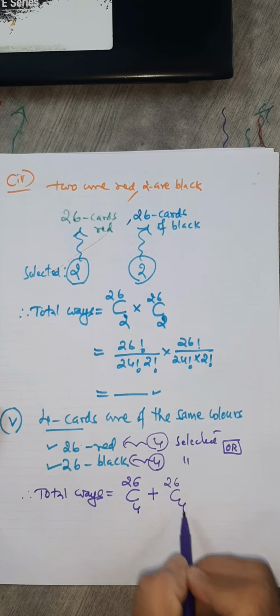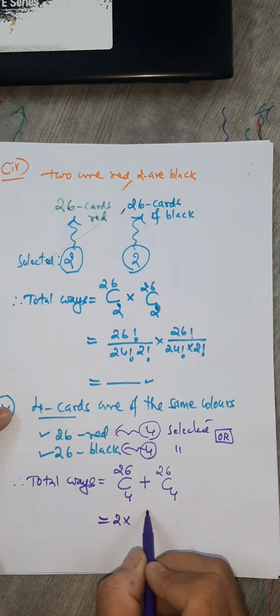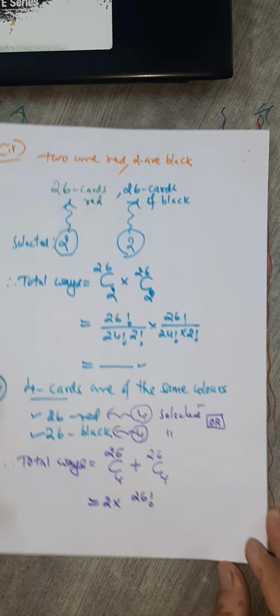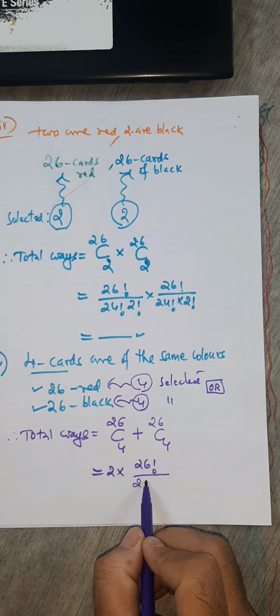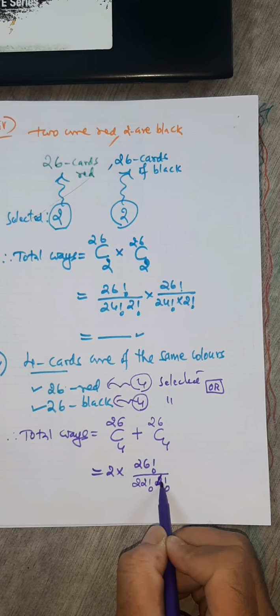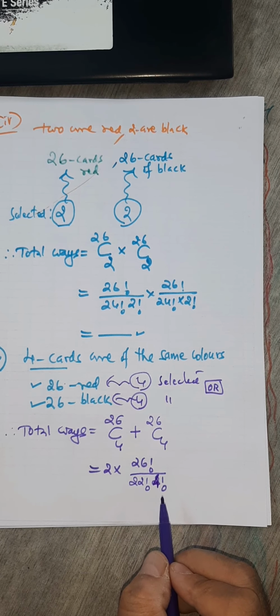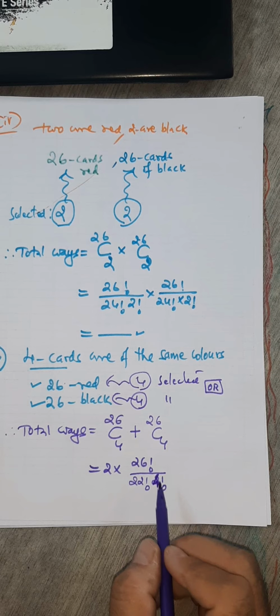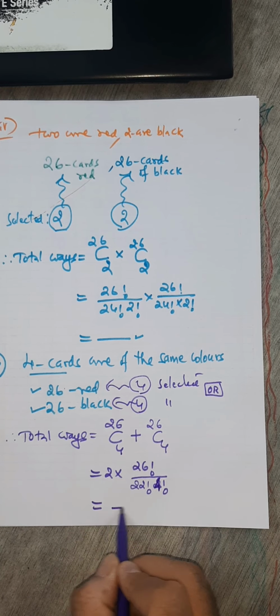So it is just twice: 2 times 26 factorial upon (26 minus 4, which is 22) factorial into 4 factorial. Just simplify this, so you'll get the required answer.